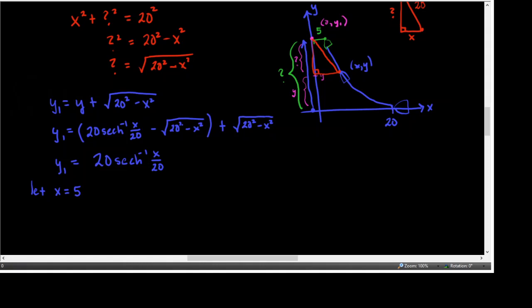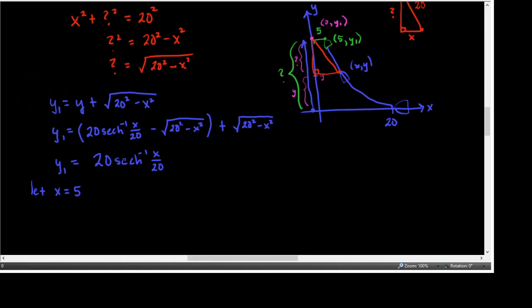Okay, so let me clarify that. The coordinate of this point is 5, comma, y sub 1. And that pink point, remember, 0, comma, y sub 1, that's the intercept. That's where the person is holding the rope, at that pink dot.